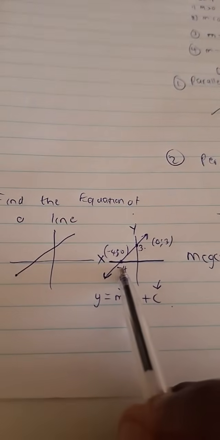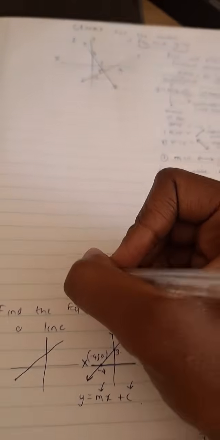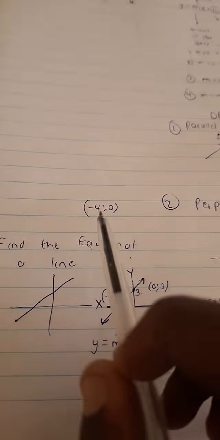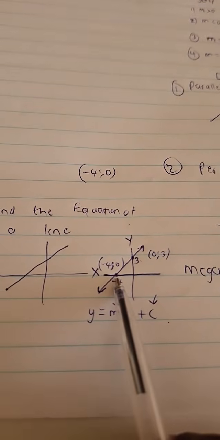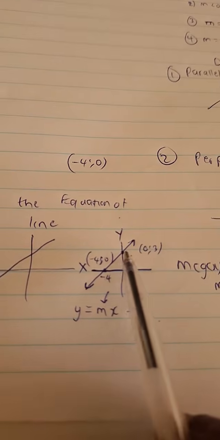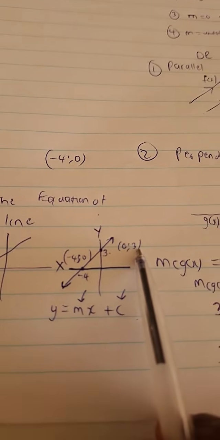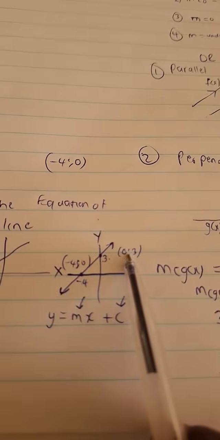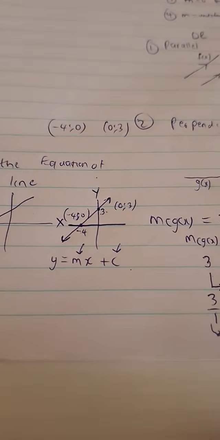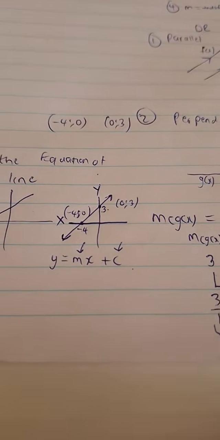So the coordinates for the x-intercept are (-4, 0). Then, where the graph cuts the y-axis, the coordinates of the y-intercept are (0, 3). I hope we are together here.